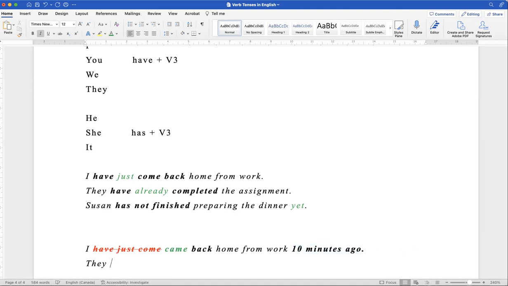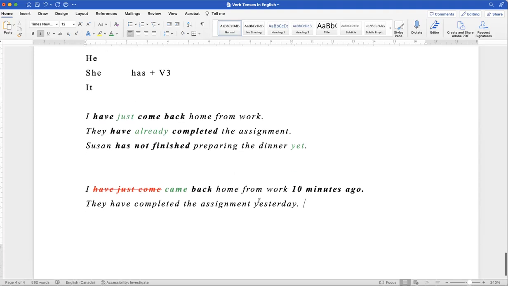Or they have, can we say they have completed the assignment yesterday? Of course, no. Yesterday is a specific time point in the past. So this means you cannot use present perfect tense. This won't be correct. You guys generally make such mistakes. So they completed the assignment yesterday.